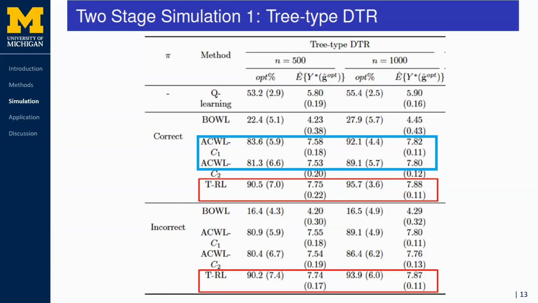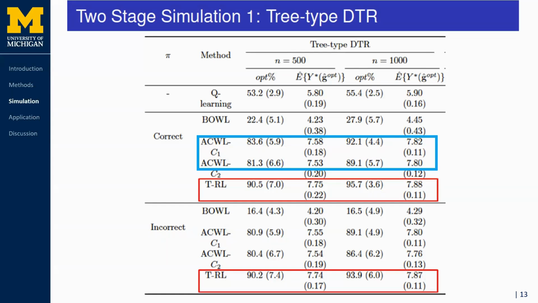So you want this percentage as high as possible. The second one is the expected value of the counterfactual means if everybody is following your estimated decision rules. Okay, so you can see that your results in this red box are pretty decent, and with increased sample size can go to 95.7%. And then their expected value is also higher than the other approaches.